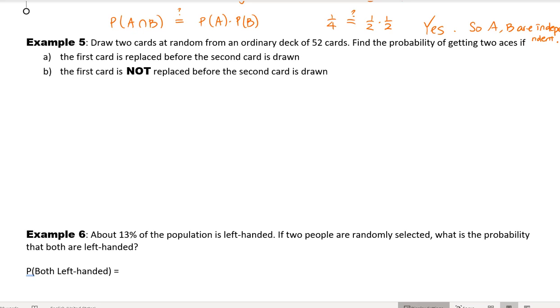Okay, so part A is like sampling with replacement. Part B, the first card is not replaced before the second card is drawn. So this is like sampling without replacement.